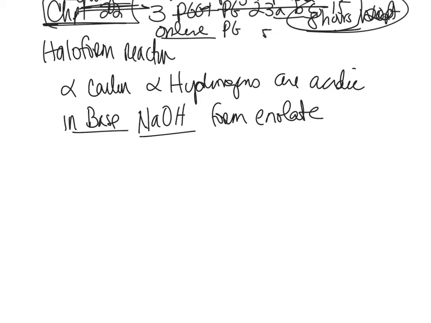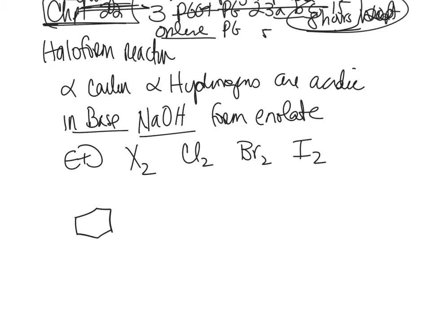In the haloform reaction, your electrophile then is some kind of halogen. So it can be Cl2, Br2, or I2. Okay, and so what happens here? Let's look at a reaction. You have a ketone, and you react it with chlorine and sodium hydroxide.